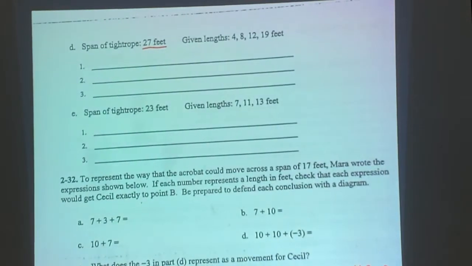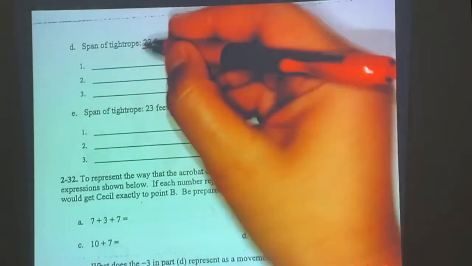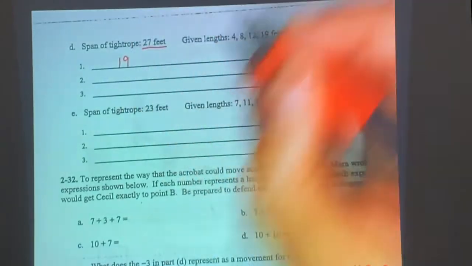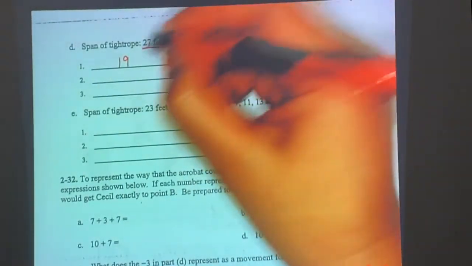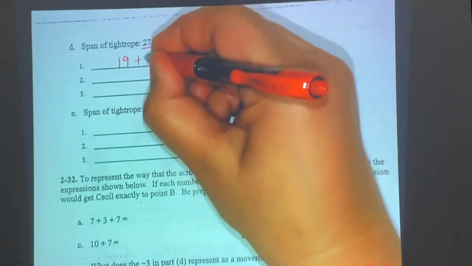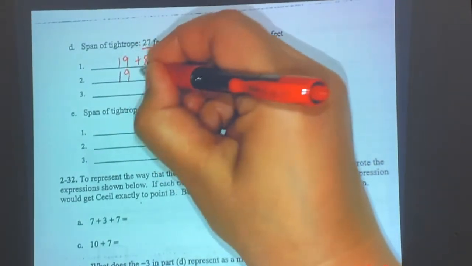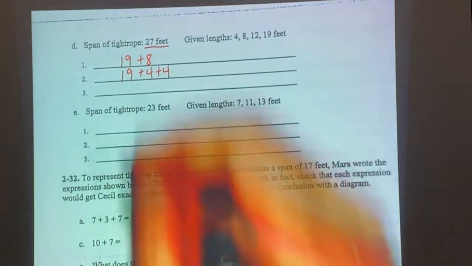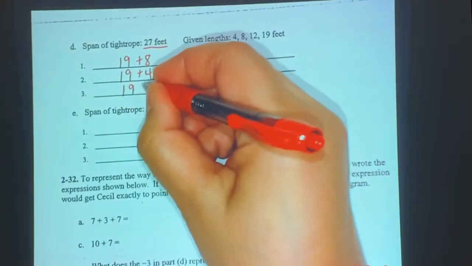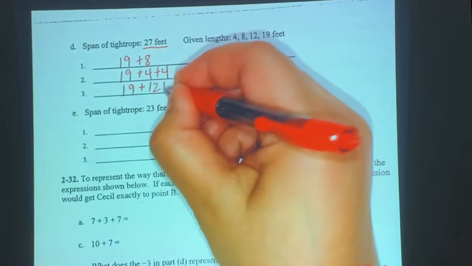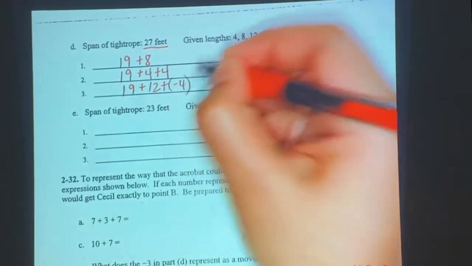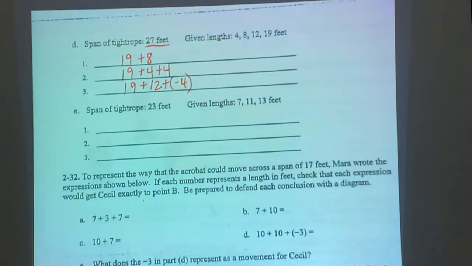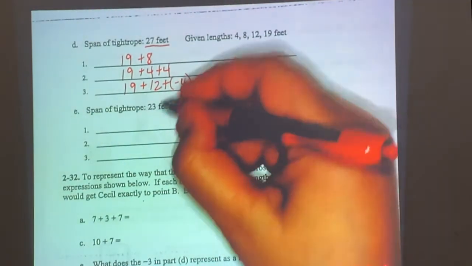How do we make 27? 19 and 8. I don't have it. Oh, but I have an 8. Nice. What if I break up the 8 with a 4 and a 4? What if I made the 8 by doing 12 plus a negative 4? So now the distance is 23.